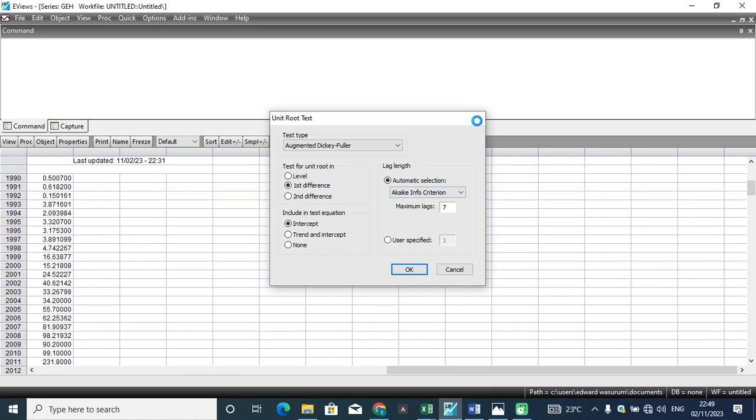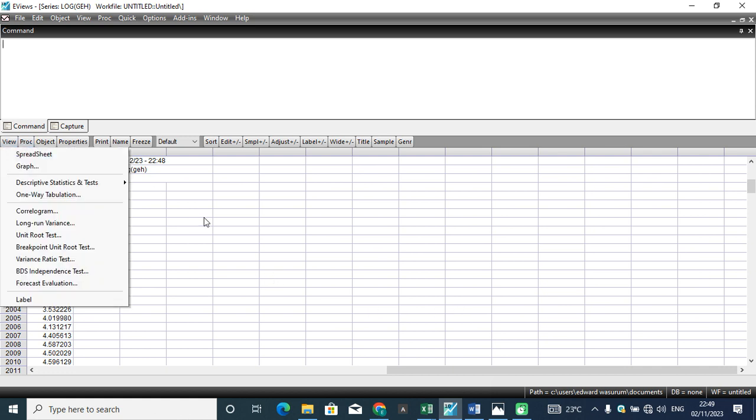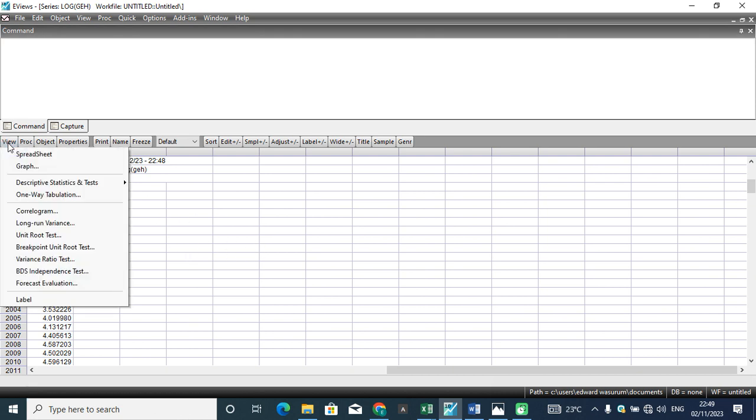But given the condition we find ourselves in, because we want to look at the Perron test, if you go to View from the series without logging the information, you'll be exposed to different dropdowns.